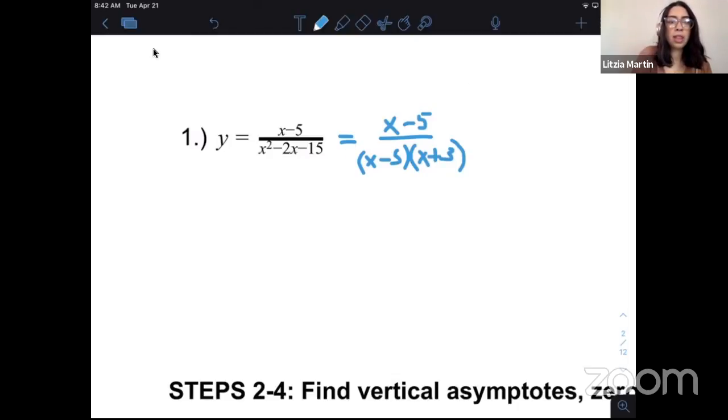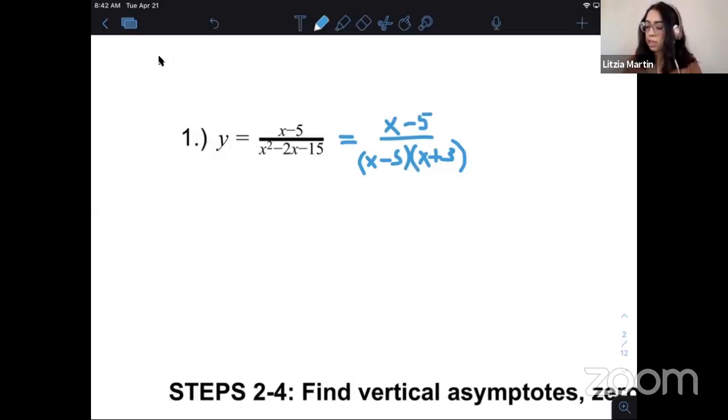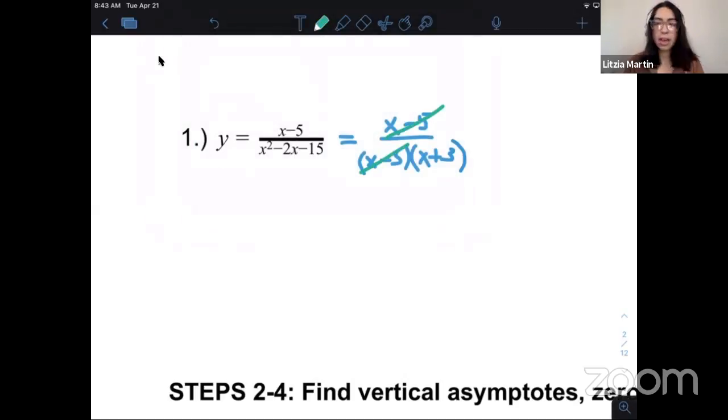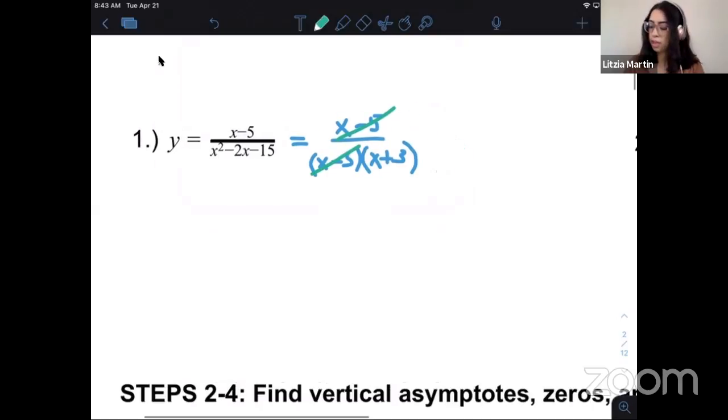Once we've got that going, we want to check to see what's going to cancel out. I can see that x minus 5 cancels, and we're left with 1 over x plus 3. I think maybe this is where there were some mistakes.